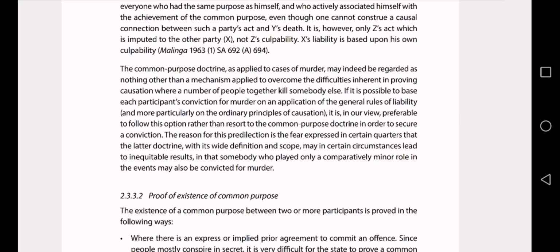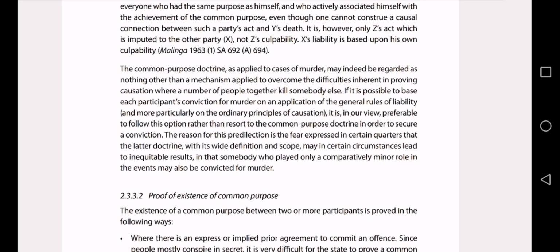The common purpose doctrine, as applied to cases of murder, may indeed be regarded as nothing other than the mechanism applied to overcome the difficulties inherent in proving causation where a number of people together kill somebody else.